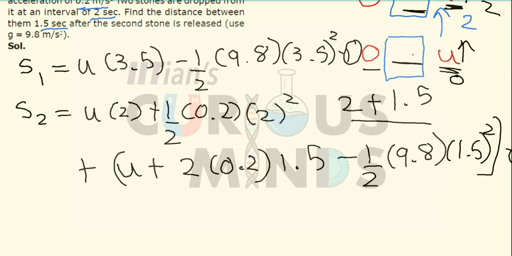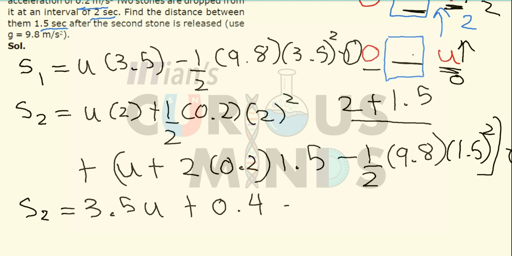Now if I simplify this part, s2 will be equal to u into 2, that is 2u, plus 1.5u, which is equal to 3.5u. Plus, half into 0.2 into 4 will be equal to 0.4.